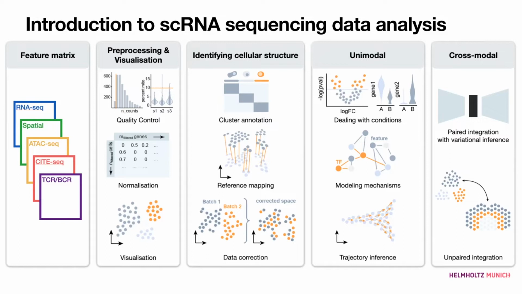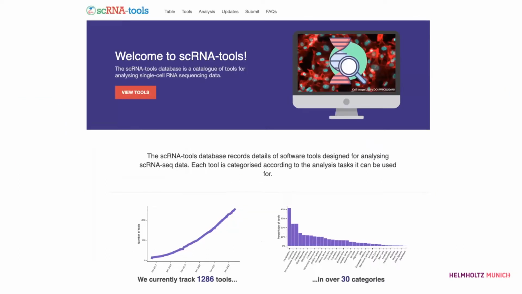For all of these tools, there is this quite useful website, single cell RNA tools, that you can have a look at to get an overview of the single cell RNA software ecosystem. You can see that the number of packages, both Python and R packages, has grown more than linearly in the last years.